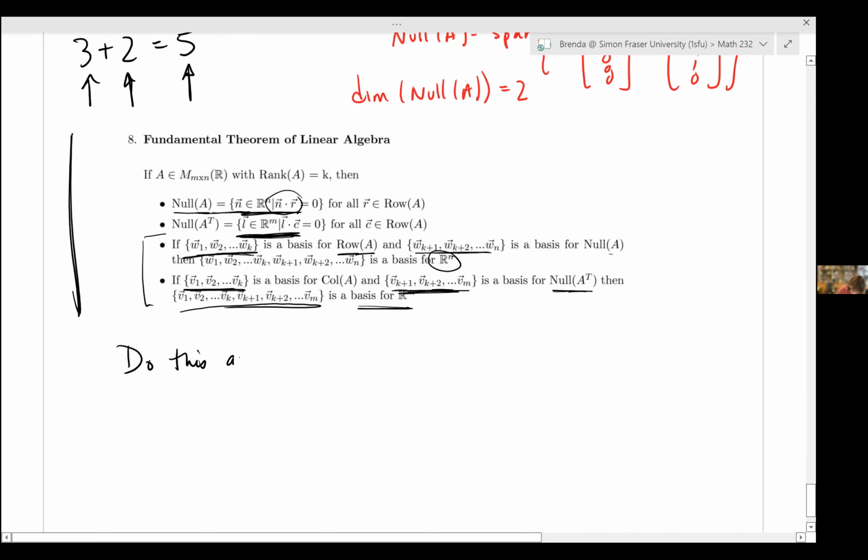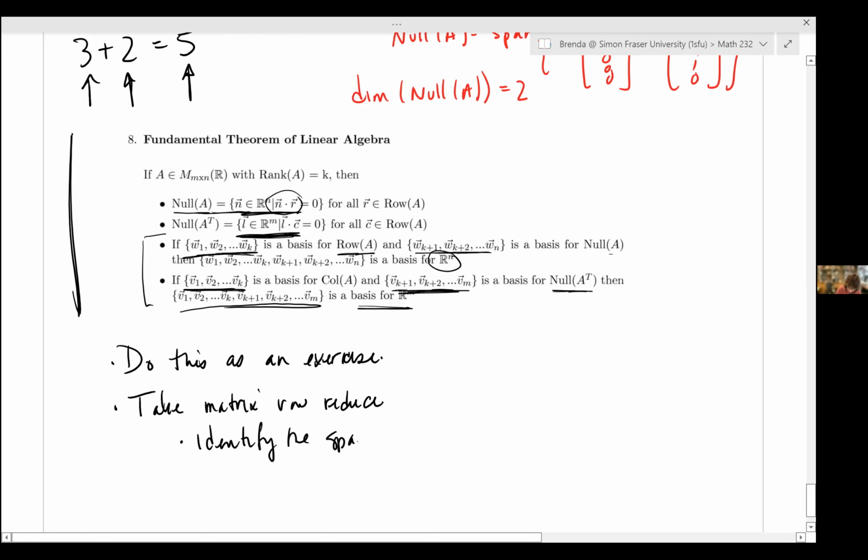What I'm suggesting you do is do these as an exercise. What you should do is get yourself a matrix. Just take some matrix. You can use the one in the above example. You can row reduce it in MATLAB. So take a matrix, row reduce, identify the spaces, and then go through each one of these statements, do each statement.